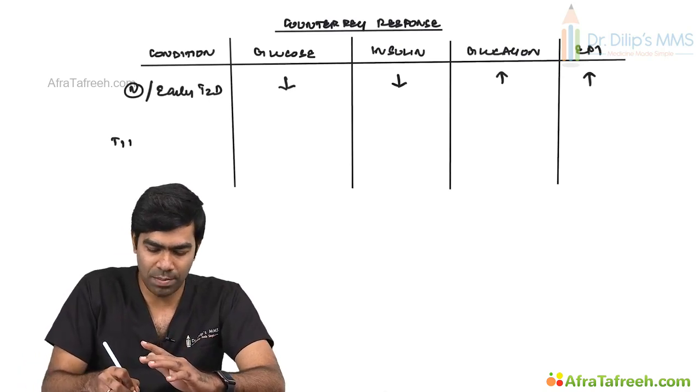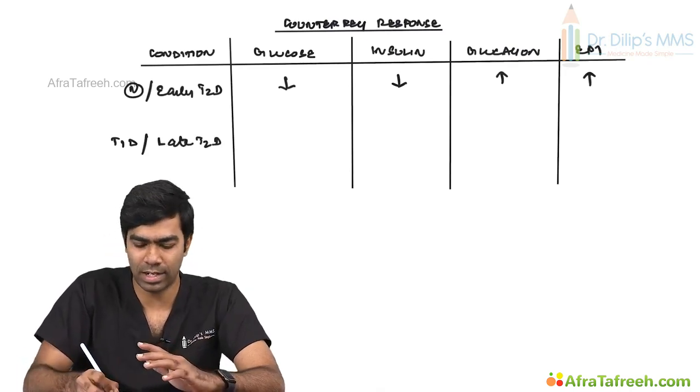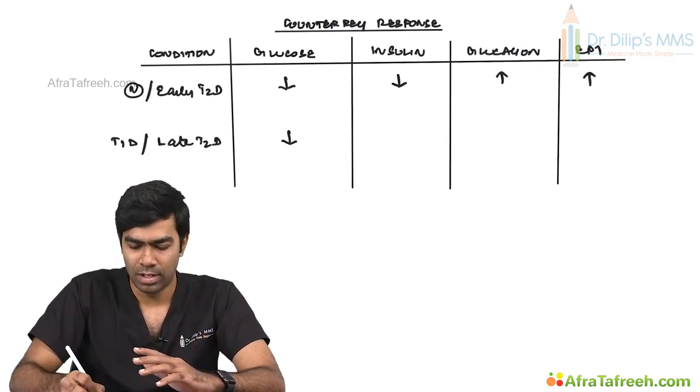But in type 1 diabetes mellitus or someone in a late stage of type 2 diabetes mellitus, things work differently. In that setting, if you have hypoglycemia, the insulin response may be defective, which means the decline in insulin may not happen that greatly. There are a lot of reasons for that. One postulated reason is that the beta cells become confused by hypoglycemic attacks.